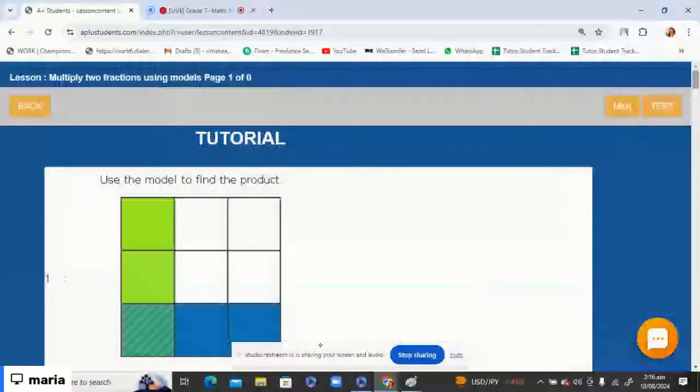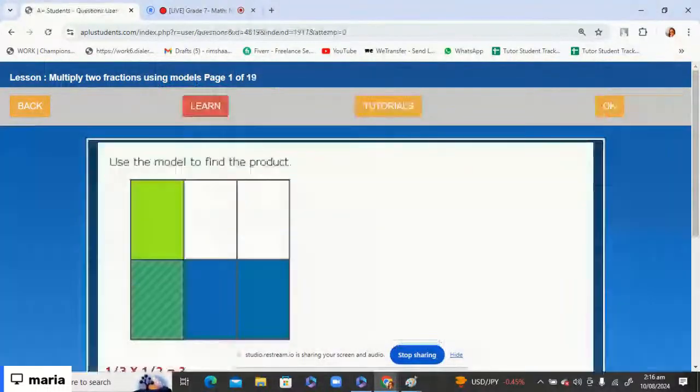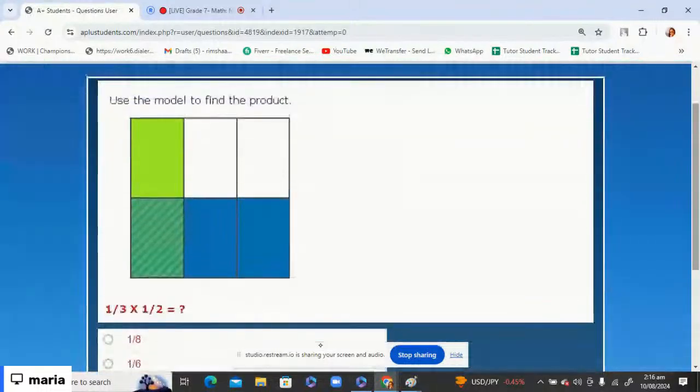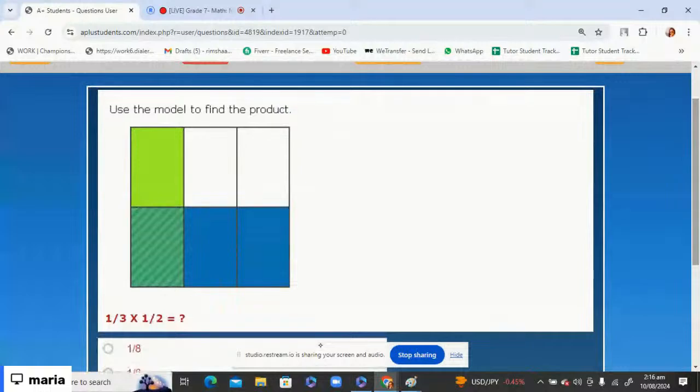That's it. So now let's do some test questions. Use the model to find the product. Okay, now everyone tell me. Check it out here. How many columns are there? There is one, two, and three columns. And how many rows are there? There are only two rows. So what's the answer?